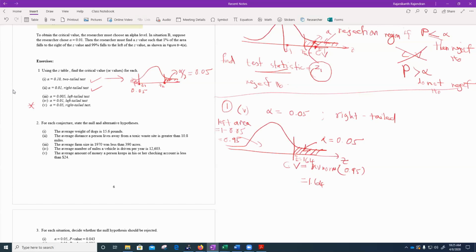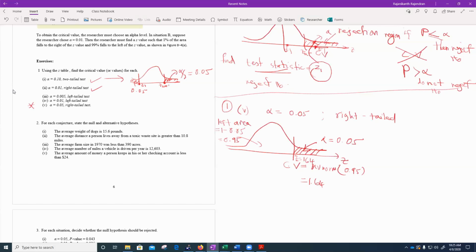Here you will get the negative and here you will get the positive. So find out that value. Exactly the same value you will get, because this area is now 0.05, similar to this problem, right?